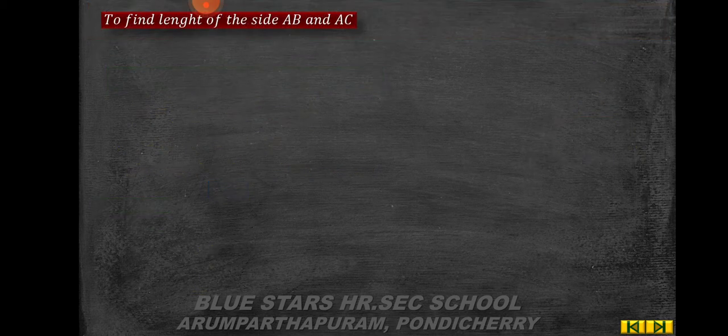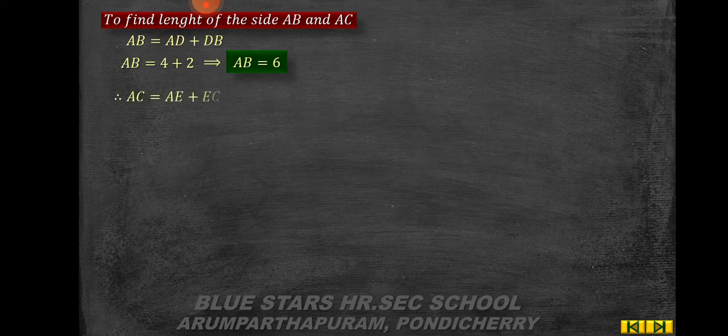To find the length of the side AB and AC, AB is equal to AD plus DB. So AB is equal to 4 plus 2, which implies AB is equal to 6. Therefore AC is equal to AE plus EC is equal to 6 plus 3, which implies AC is equal to 9.